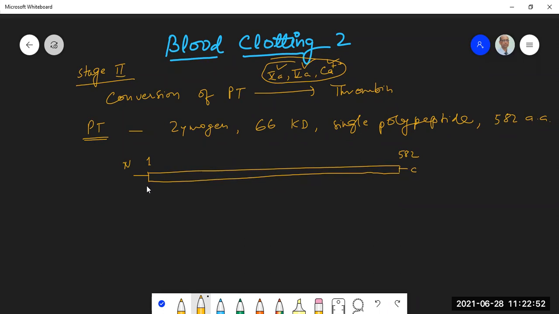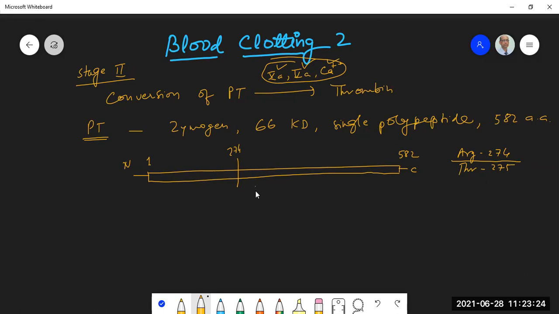Right? So what does prothrombin activator do? Prothrombin activator will cleave a bond between amino acid number 274 and 275. Amino acid number 274 is arginine, and amino acid number 275 is threonine. So the bond between the two is broken.